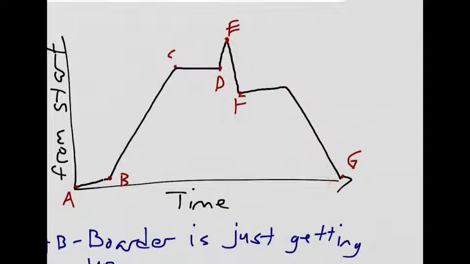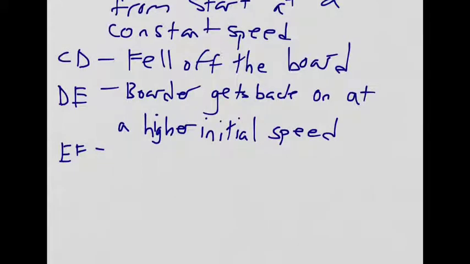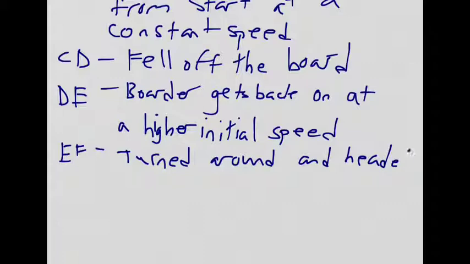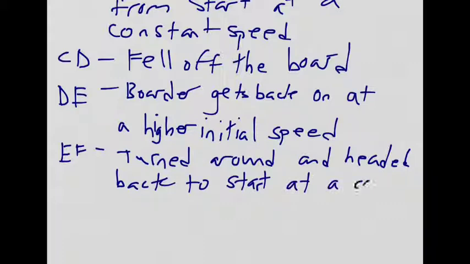They turned around. They turned around and they're now going back at a constant speed. Again, constant because that line is straight. So turned around and headed back to start at a constant rate or speed.